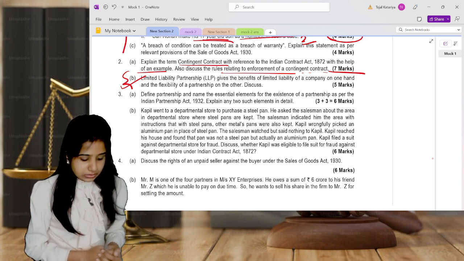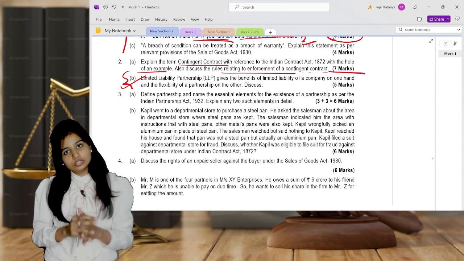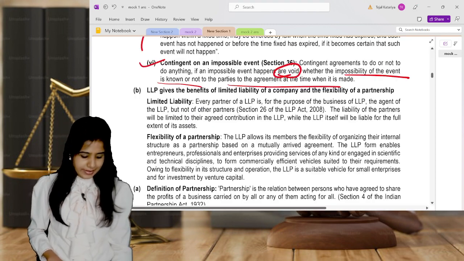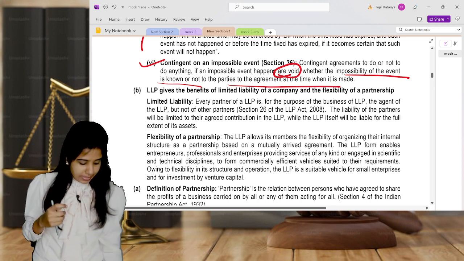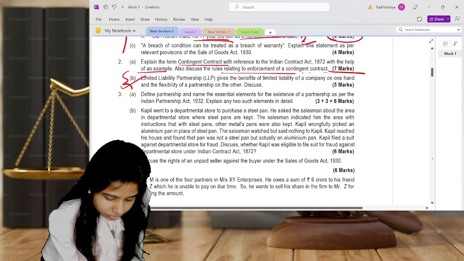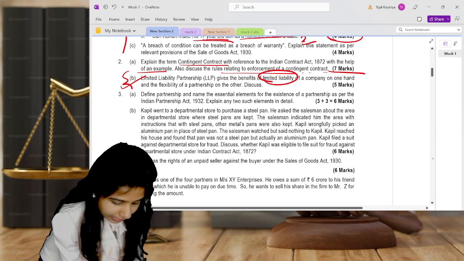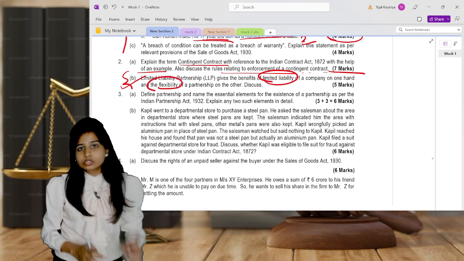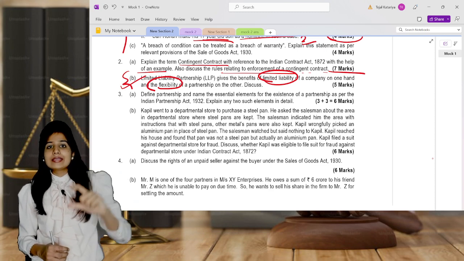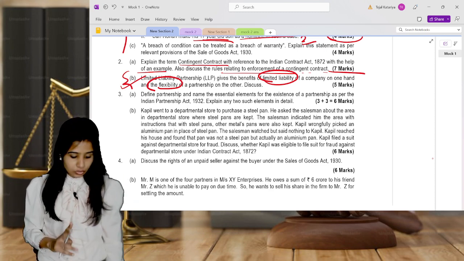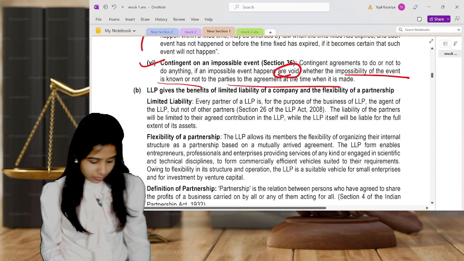You are just supposed to write or discuss this. The hint is given in the question itself, that they are talking about limited liability and flexibility. So first you will write the limited liability of a company, and second, flexibility in partnership.